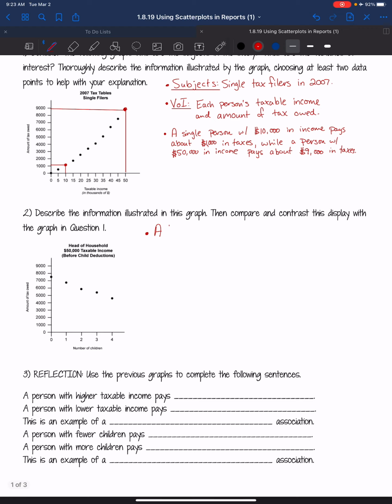So a head of household filer with $50,000 of taxable income and no children pays almost $8,000 in taxes.